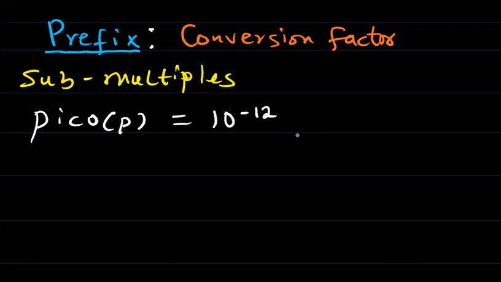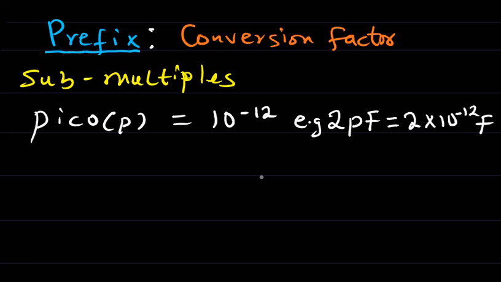For example, say you have 2 picometer, or maybe picofarad, that's the unit of capacitance. To convert this, all you need to do is multiply the 2 by 10 raised to the power minus 12. So that is how you convert that.